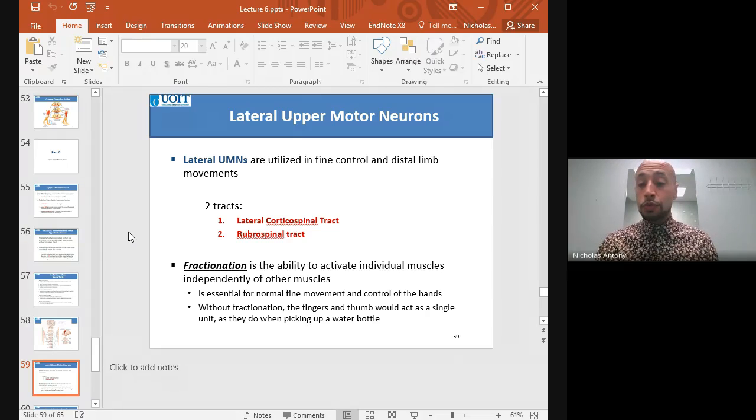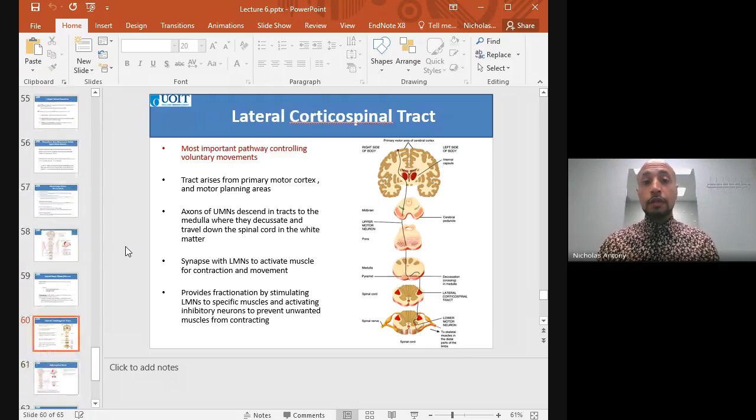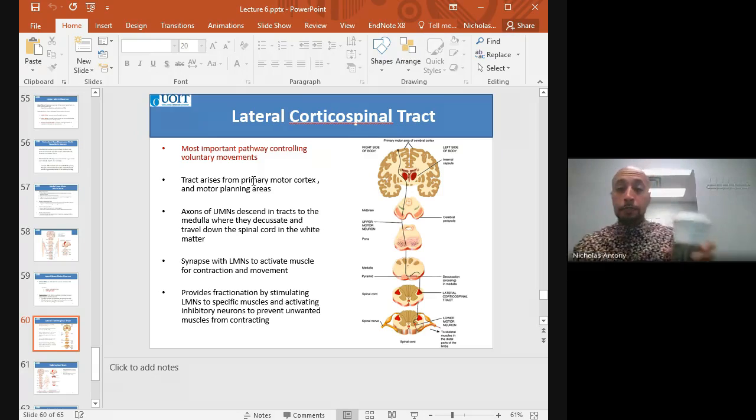Okay? And so the two tracts are the lateral corticospinal tract and the rubrospinal tract. The lateral corticospinal tract is the one that we typically use. It's located laterally in the white matter, and it goes from our primary motor cortex. Remember, the primary motor cortex is for the voluntary contraction of our muscles for fine control. Let's say I want to pick up this cup, right?